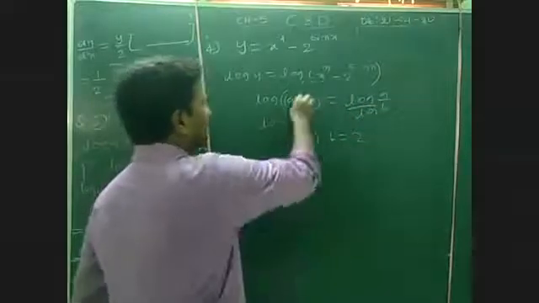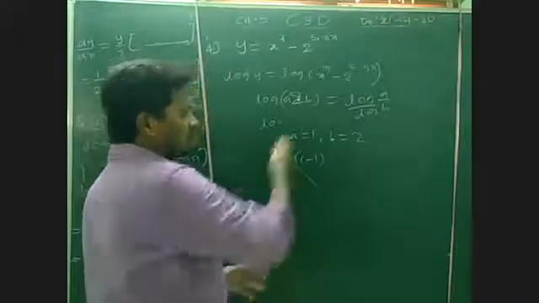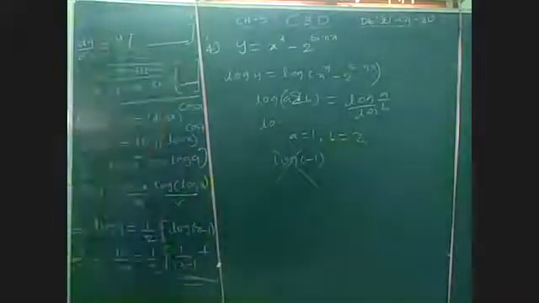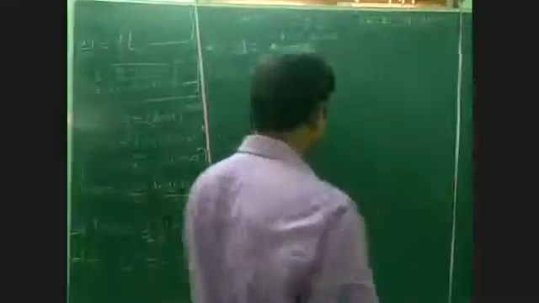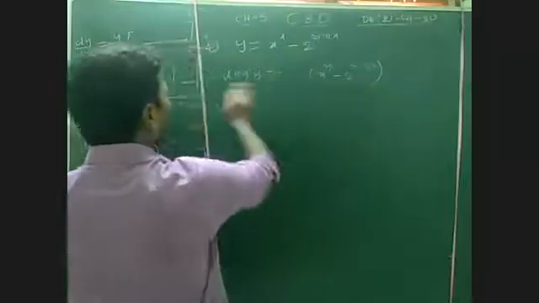Log a into b, 1 into 2, 2, positive. So the function will be defined, but there is no formula for log a minus b. Is there any formula for log a into log b? There is no formula, we cannot apply log.